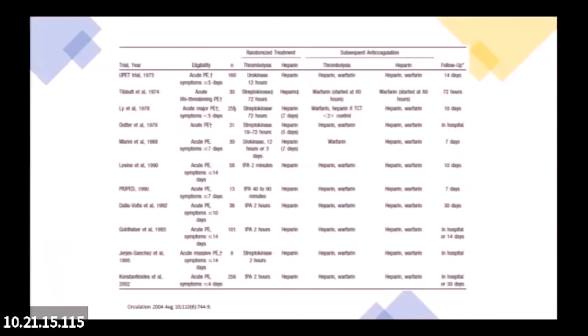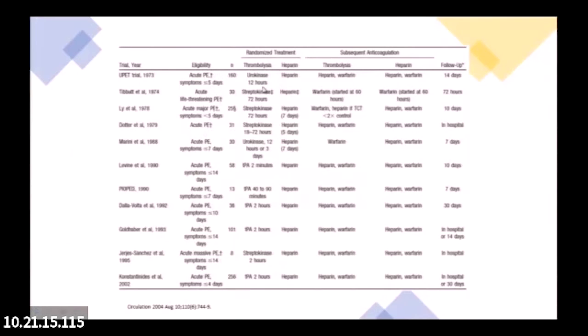Then they looked into the five trials, as I pointed out here, with a cross: 1, 2, 3, 4, and 5. When they lumped those five trials together, those five trials all have massive PE. They are unstable. They found there is a signal for a mortality benefit with thrombolysis.